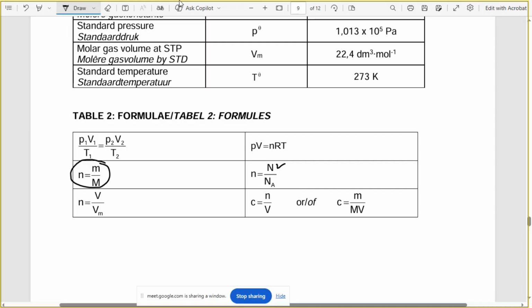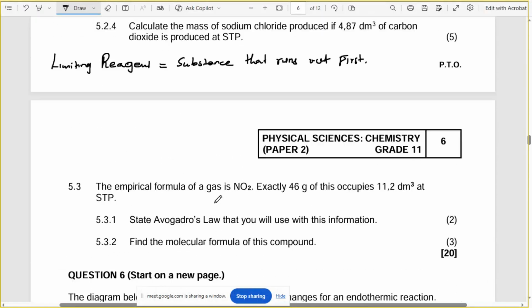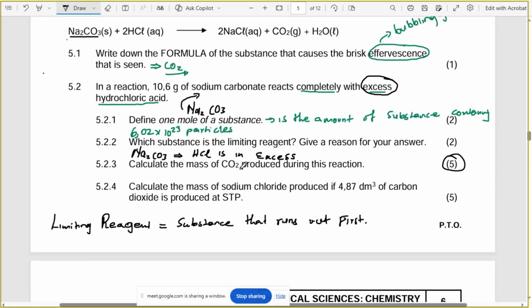Let me go back to the question. The question wants the mass of CO2 produced during this reaction. But remember, you have the mass of sodium carbonate. We can use this mass to calculate the number of moles of sodium carbonate and then use the mole ratio. We have small m, and we can use the formula n equals small m over big M. We can calculate this.